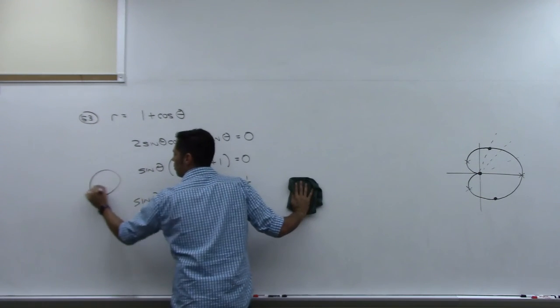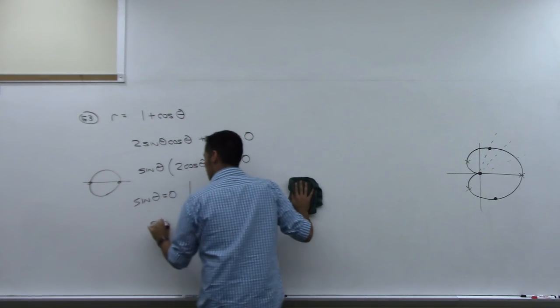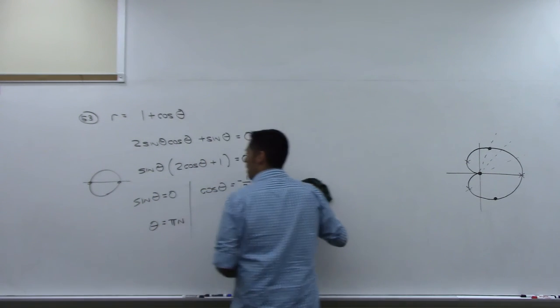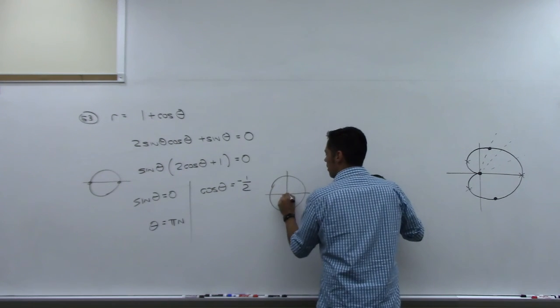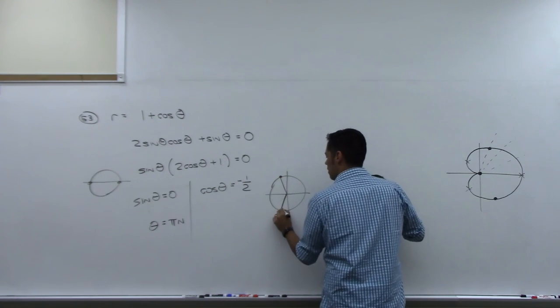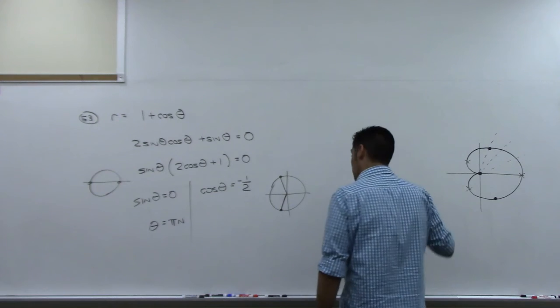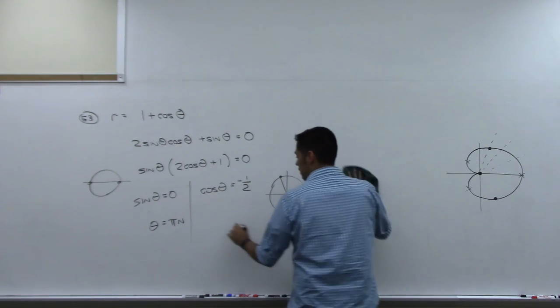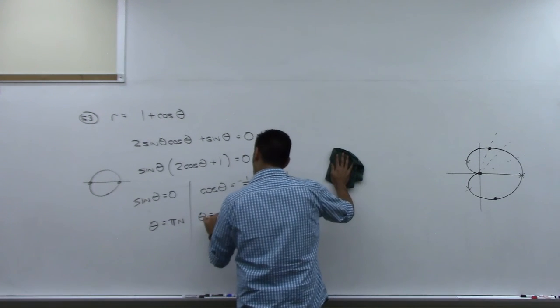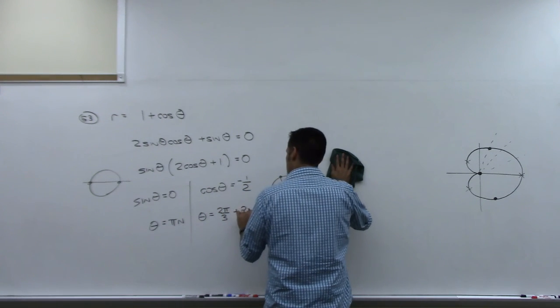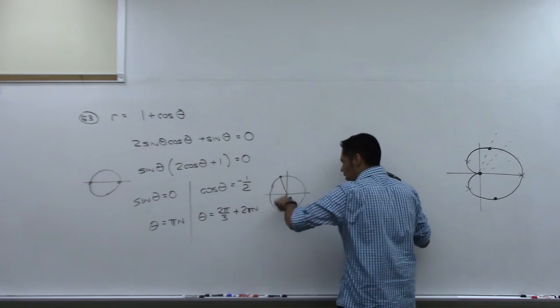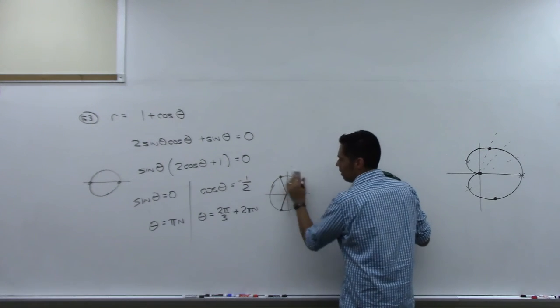Sine, your general solution, sine, it's here and here. So you can just put pi in. And then here, cosine is -1/2, puts us here and here, which is going to be 2 pi over 3 plus 2 pi n. So you go to here, and then you have to go all the way back around.